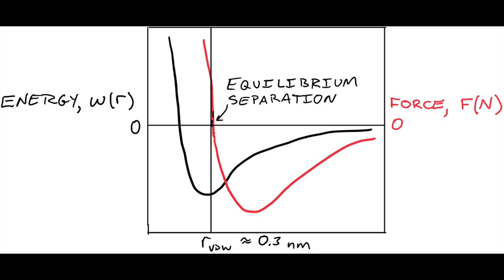So where the rate of change of the energy is 0, that means dW over dr is 0, so the force is 0. So when we're attractive here, then we're repulsive here, and eventually we get to some equilibrium separation, where the energy is minimized and the force is 0. So that's how I wanted to wrap up.